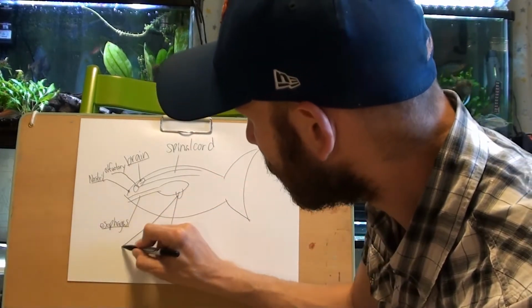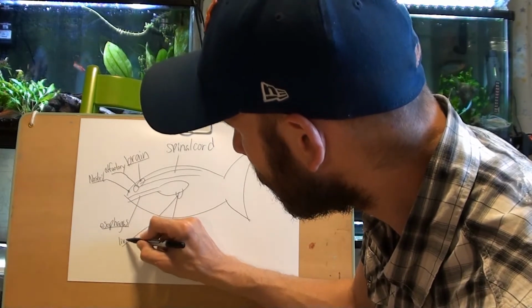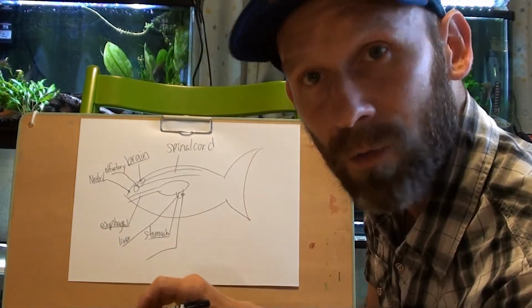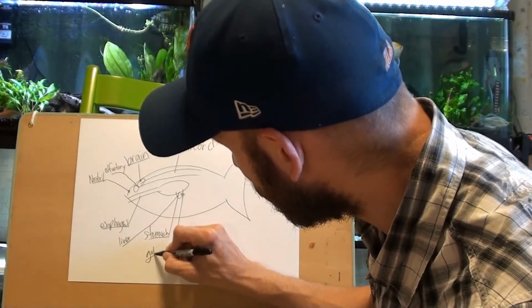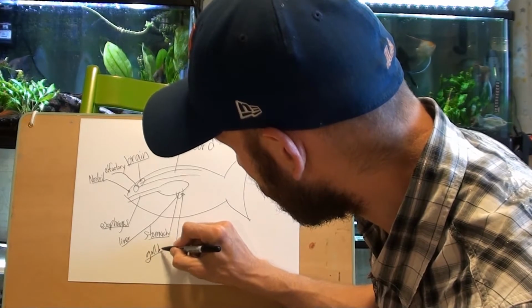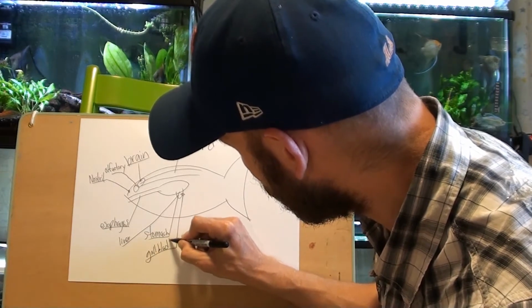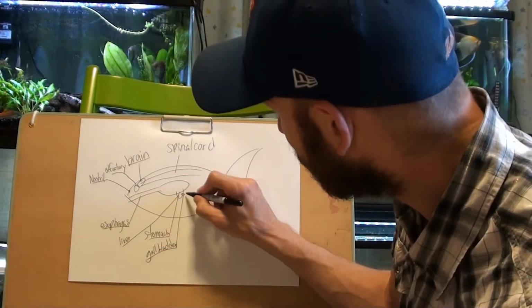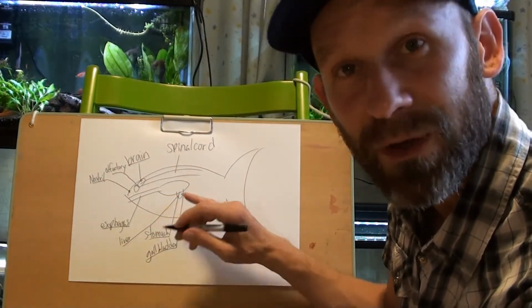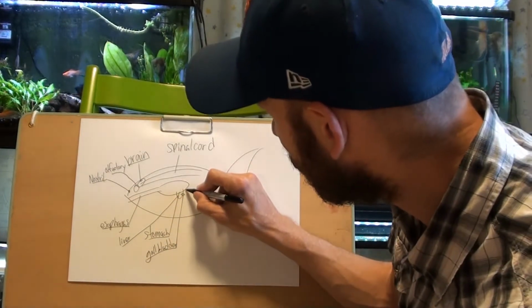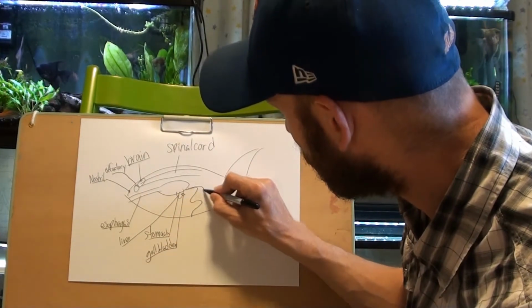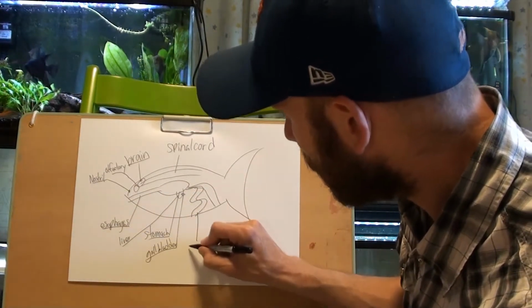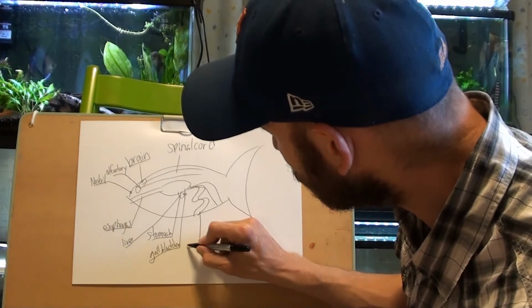We have the liver, the gallbladder, the intestines. The intestines and the reproductive organ, I'll write those two. The intestines first.